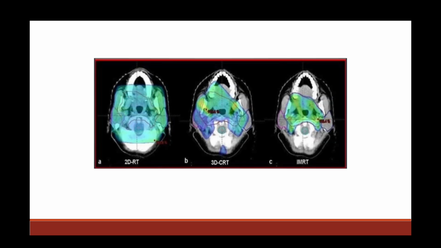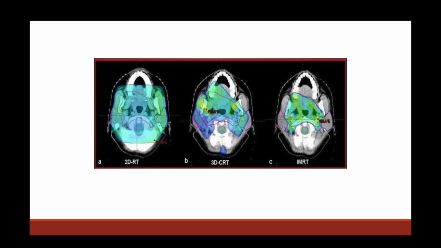So here is just an image to show you what a 2D versus a 3D versus an IMRT plan might look like. If we look at a dose cloud representing the same dose of radiation, with a 2D plan, regardless of what volume we draw, we don't have a whole lot of control over where that radiation goes. And so you can see that a huge area outside of our intended treatment volume is actually covered by the radiation dose.